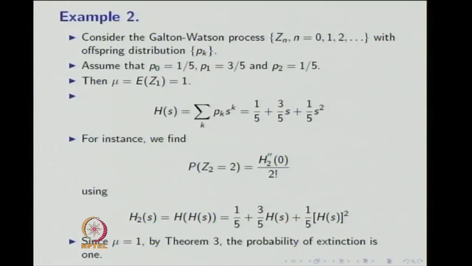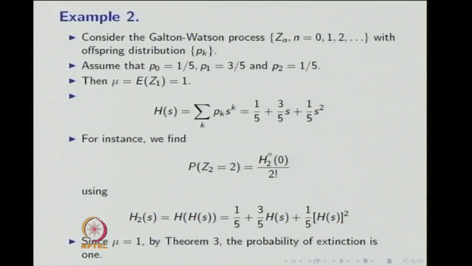For instance, we find the probability of Z2 is equal to 2. For that you need the probability generating function of Z2. That means you should know the probability generating function H2 of s. With the help of H1 of s and H of s, one can find the H2 of s.